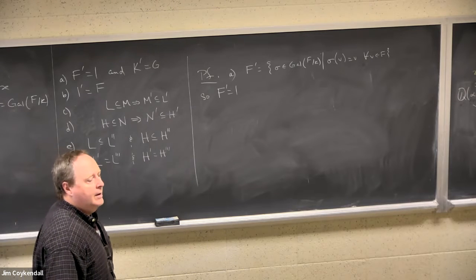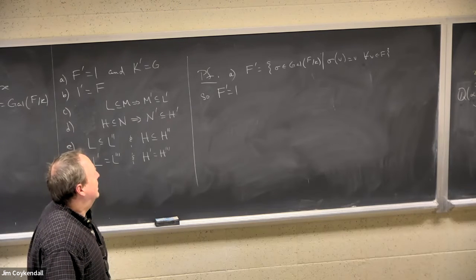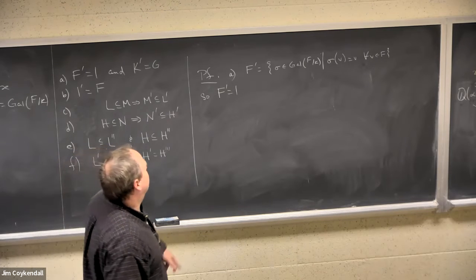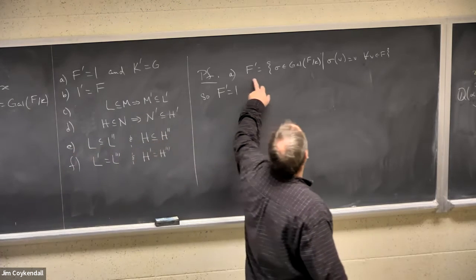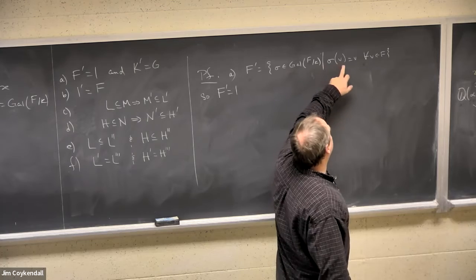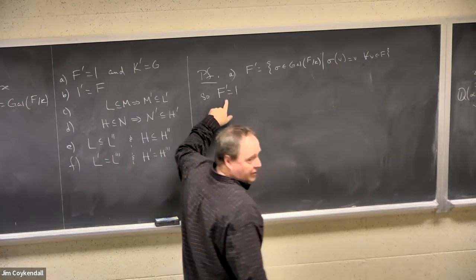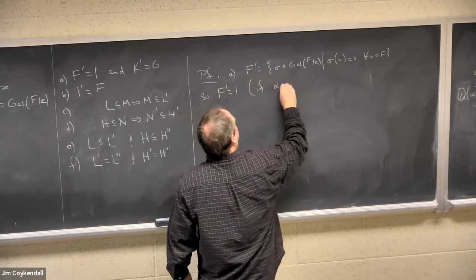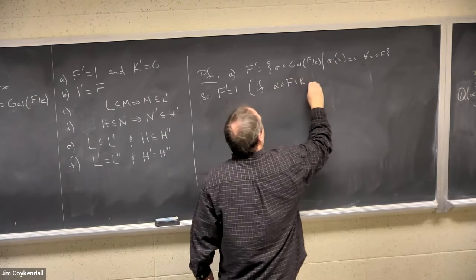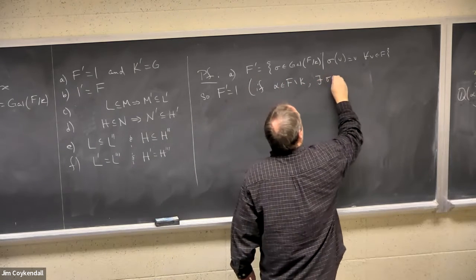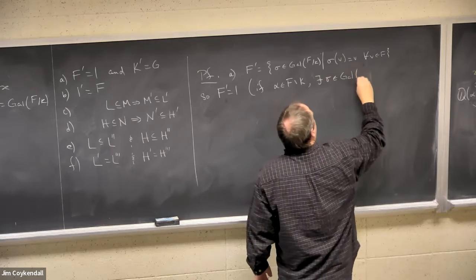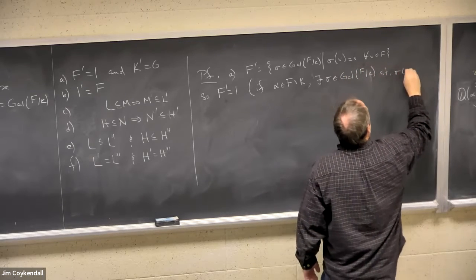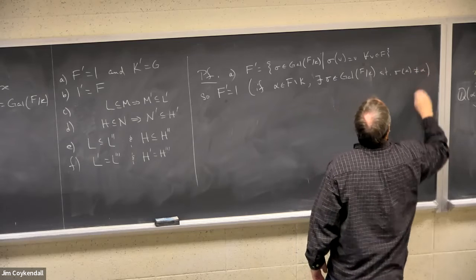Remember, every element of the Galois group fixes everything in K, but because this extension is Galois, there is a sigma in the Galois group that moves alpha.